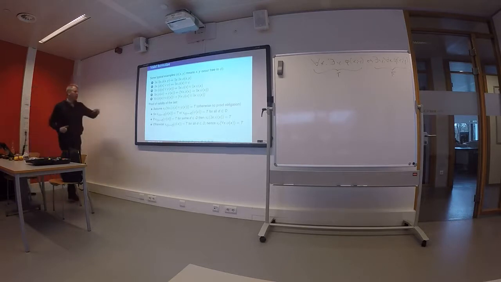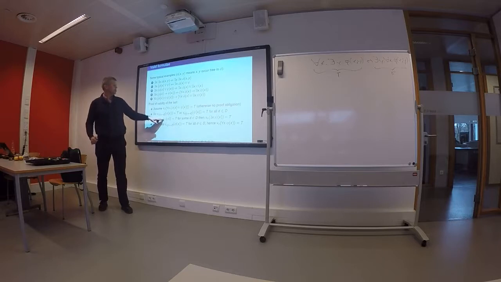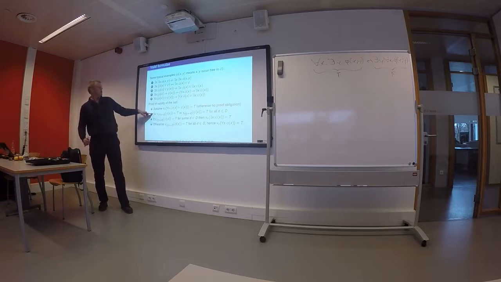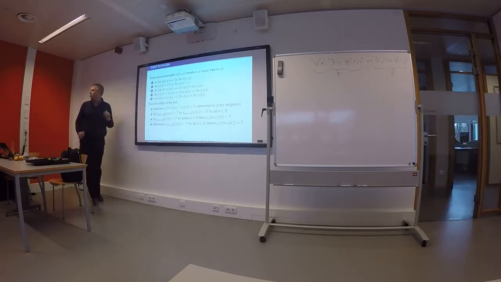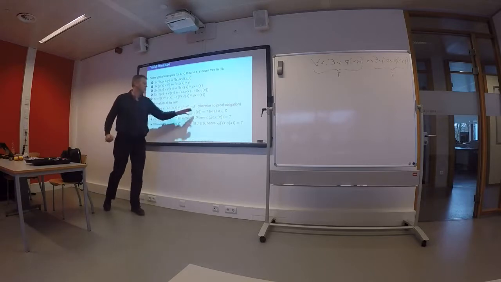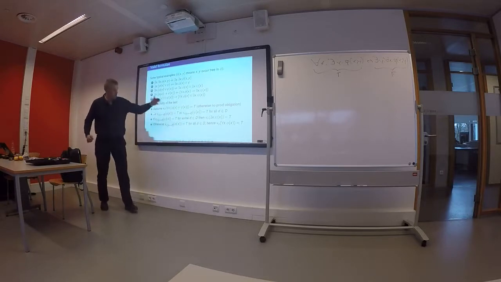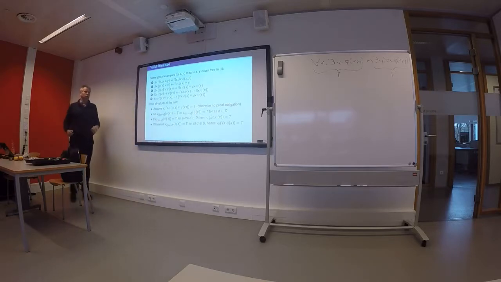If there is not a value for x that makes psi of x true, then from the second line I may conclude that it must be the case that phi of x is true for all possible values, because this said that for all values either phi of x or psi of x is true. If psi of x is never true, then phi of x must be always true.